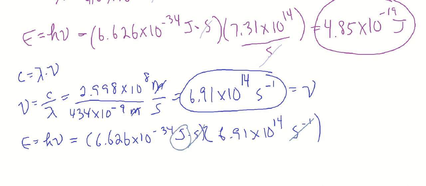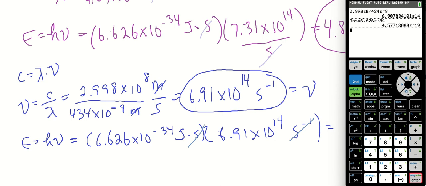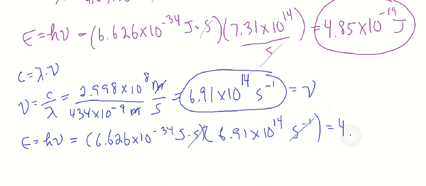We're left with joules. That's going to give us units of energy. That number is already stored in there. I'm going to multiply that by Planck's constant, which is 6.626 times 10 to the negative 34. Three significant figures is going to give us 4.58 times 10 to the negative 19 joules.